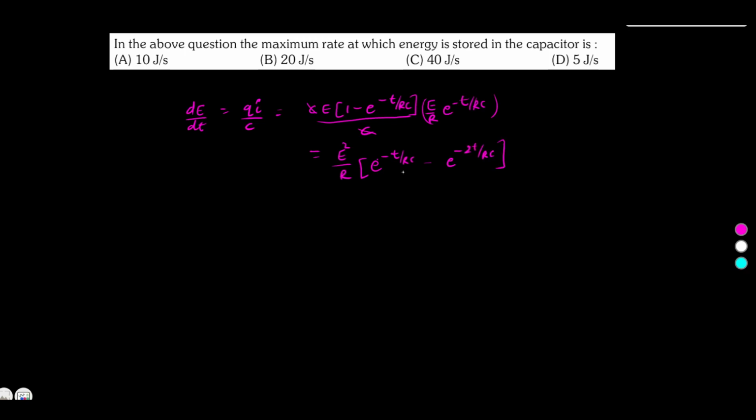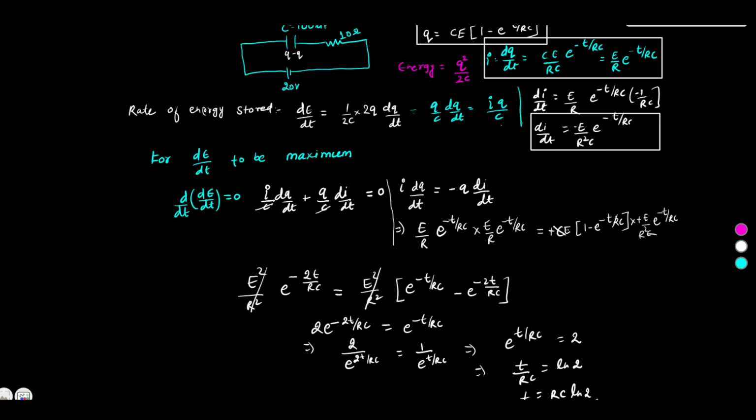We got the value of t as ln 2 millisecond in the previous problem, and RC we got as 1 millisecond. E is given to us. If we check the value of E given, E is 20 volt and C is 100 microfarad.